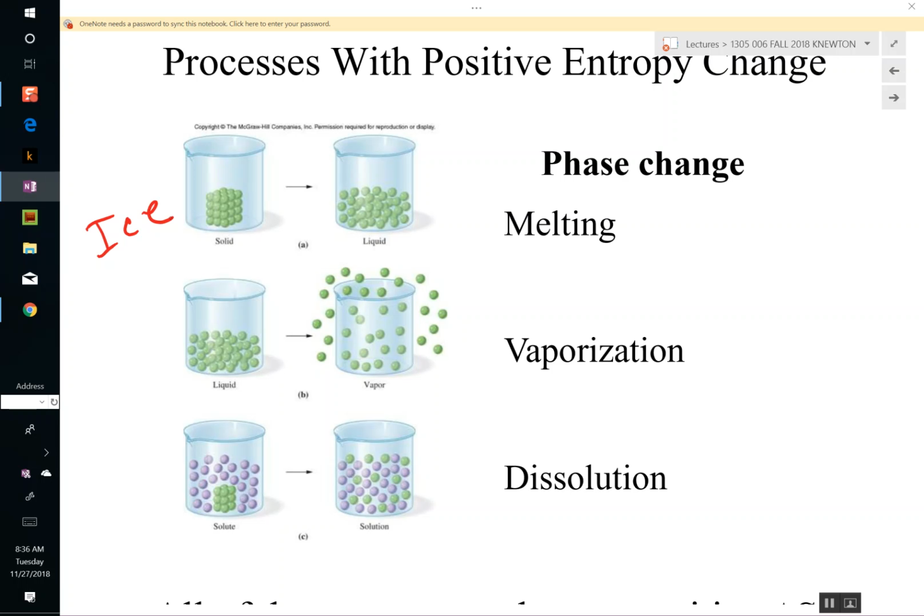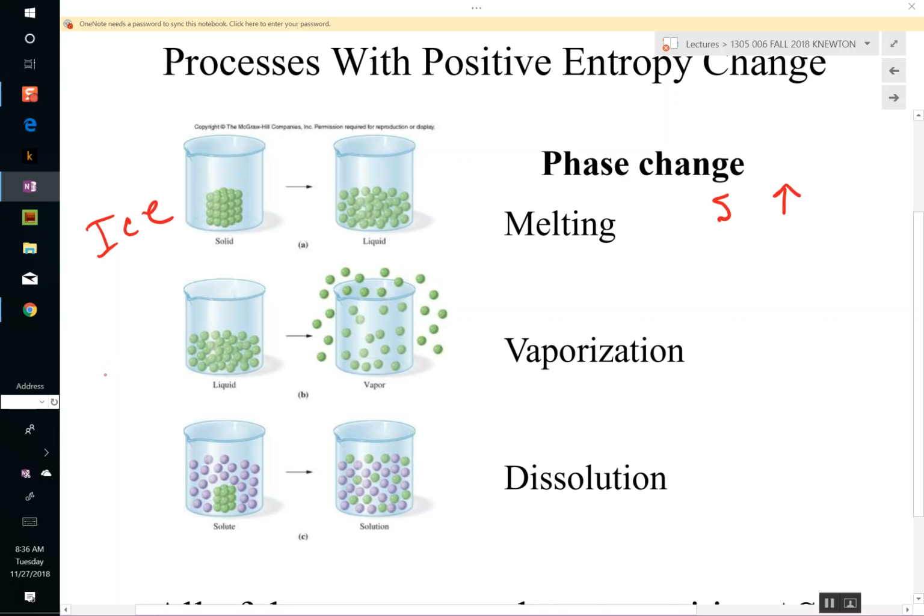Here it only has a definite volume. It takes any shape. It can be a little bit more random. It has a certain volume, but it can take whatever shape it wants. An ice cube won't do that. An ice cube has a very specific volume and shape. So this is where entropy is increasing. It's going to a more disordered state.